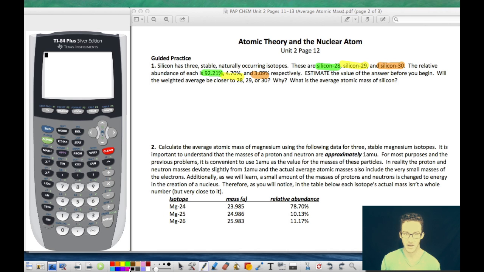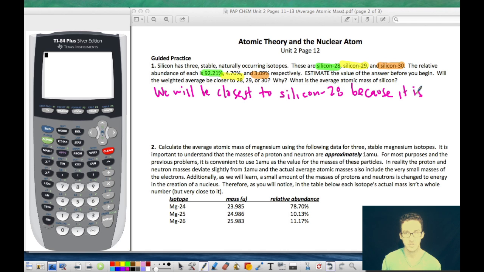Well, based on how weighted averages work, I would estimate we will be closest to silicon-28 because it is most abundant. Boom.